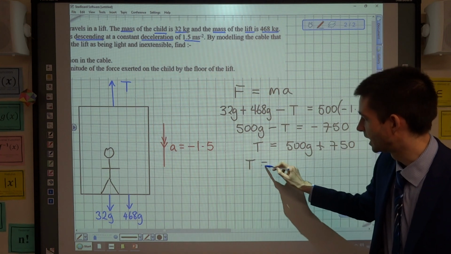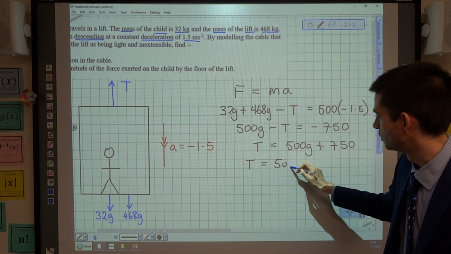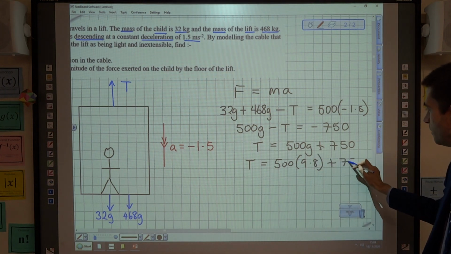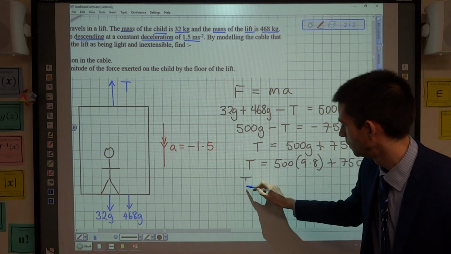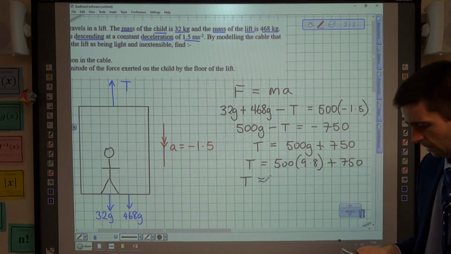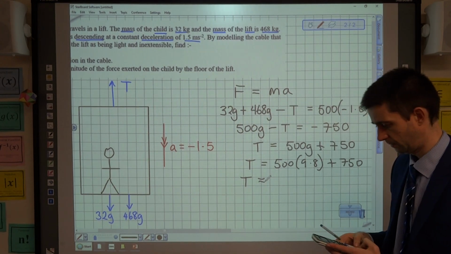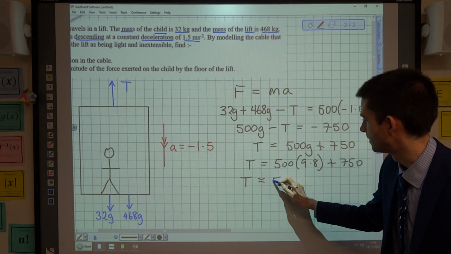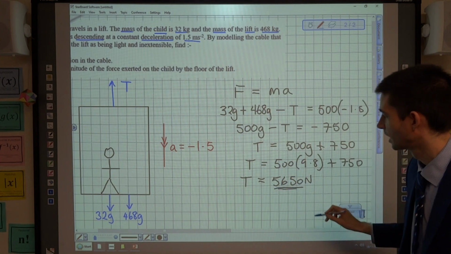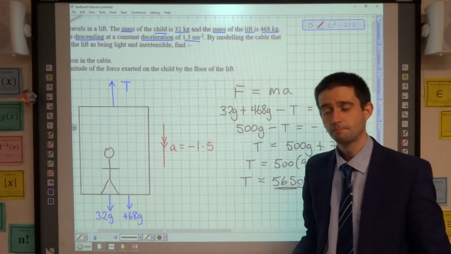Now, in A-level mechanics in maths, we take g to be 9.8, so that's going to be 500 lots of 9.8 plus 750, which means that the tension in my cable is 5650, lovely, 5,650 newtons.